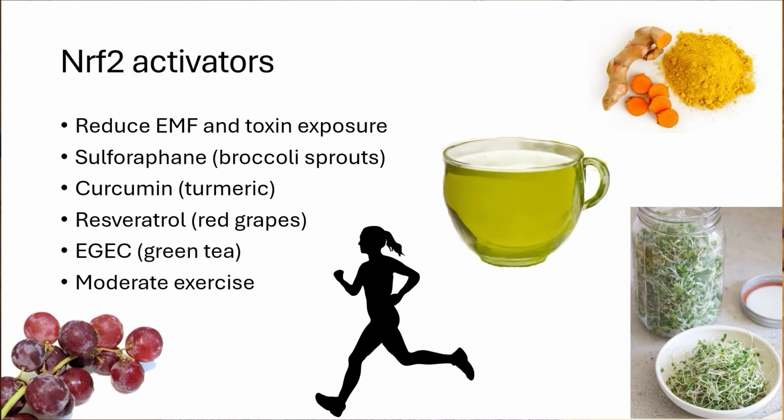And that includes sulforaphane, which you would find in broccoli sprouts, curcumin, which we have long talked about as being a great anti-inflammatory, found in turmeric, resveratrol, found in red grapes and red wine, and EGCG, which is found in green tea. Very, very excellent for supporting our body's natural antioxidant pathways.